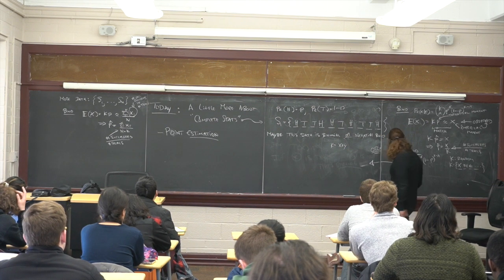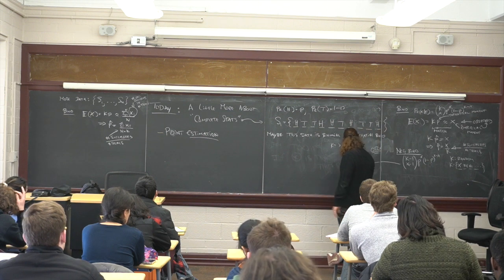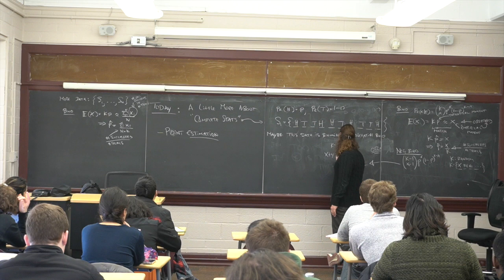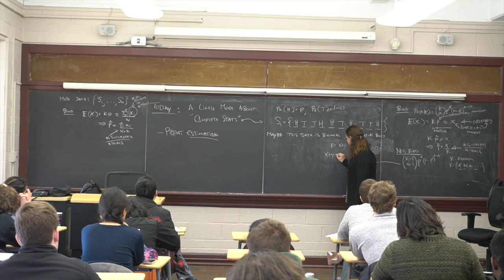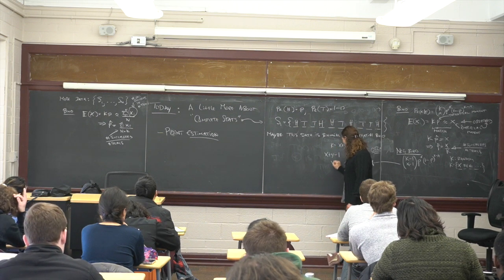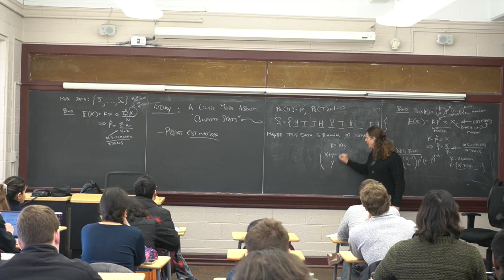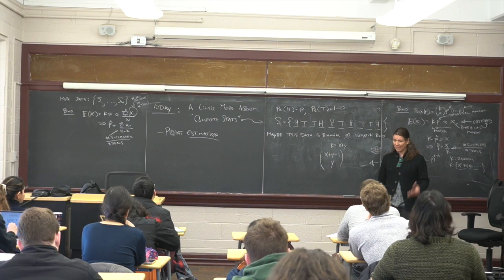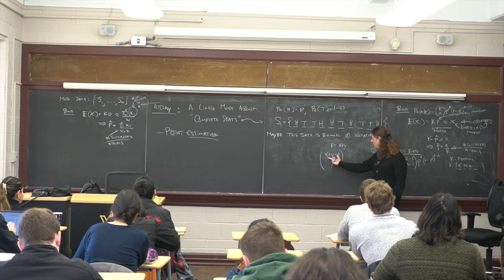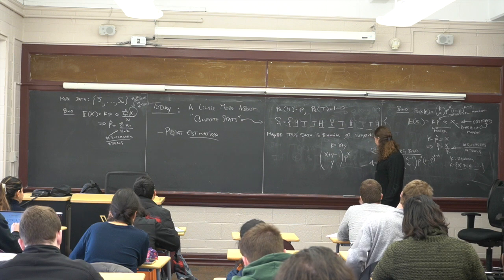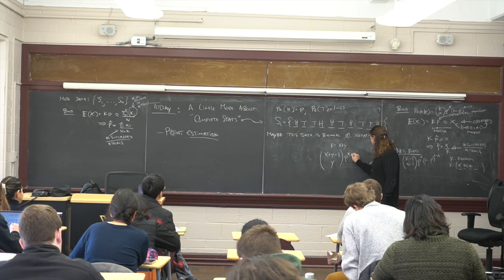So I could replace all these arguments and write this down as x plus y minus 1 choose x minus 1, or I could choose y. It doesn't matter, they're the same things. So it's the complement of that. So p to the x, that part's still fixed, 1 minus p to the y.